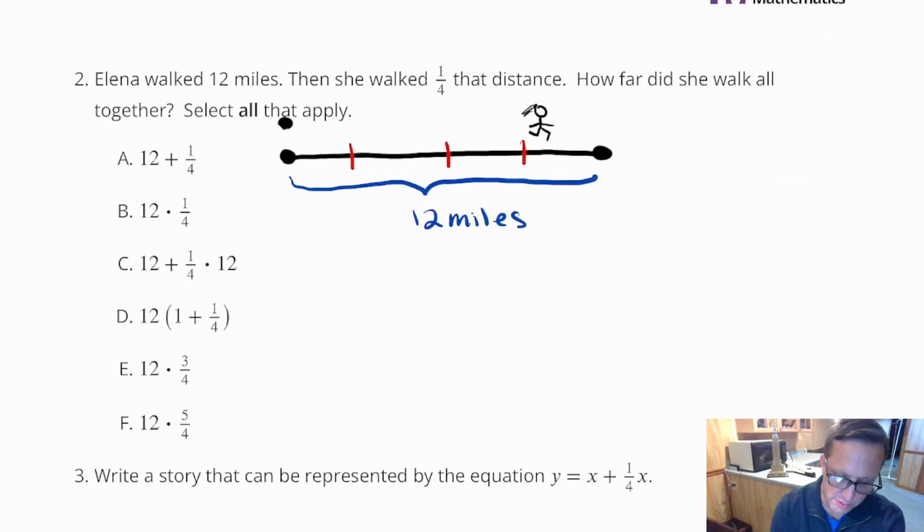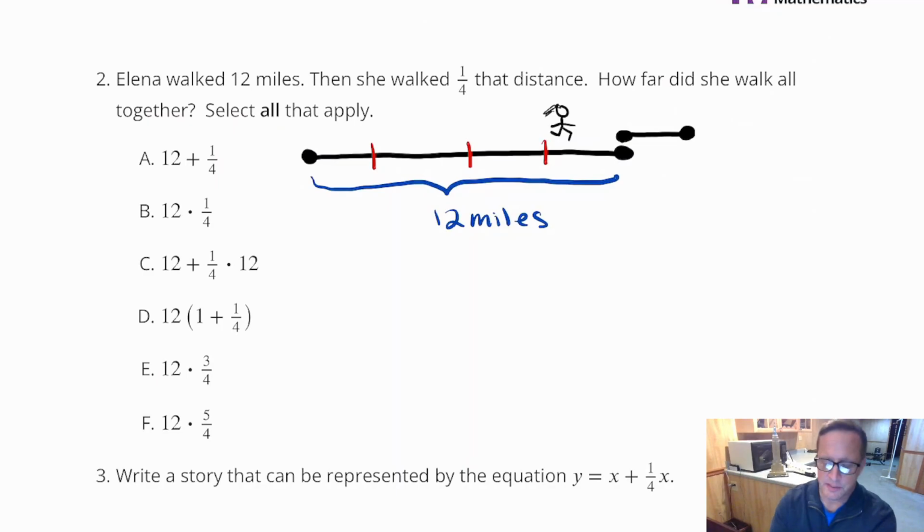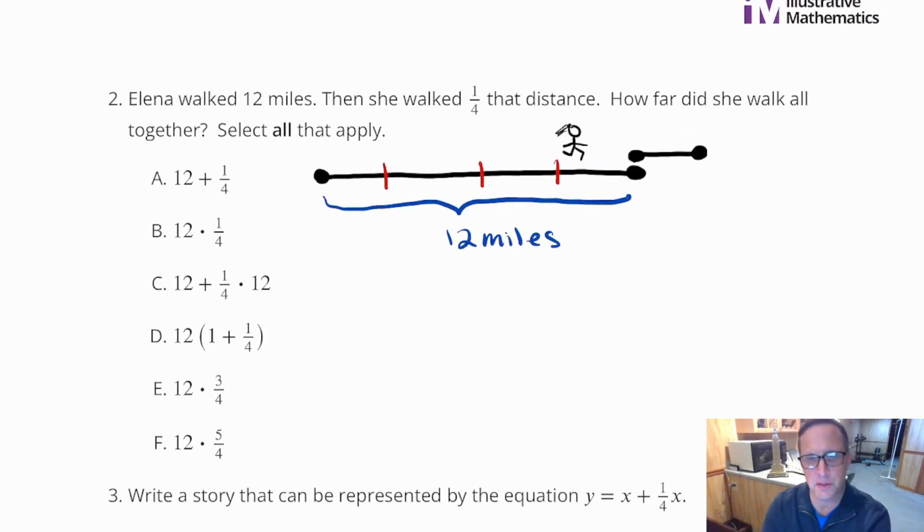So right here, I'm going to make a length that is about the same length as a fourth, and I'm just going to drop that right there. I could put it right there, but it makes it look like it's longer. I just want to make sure it's differentiated. It shows it's not part of that original number line.